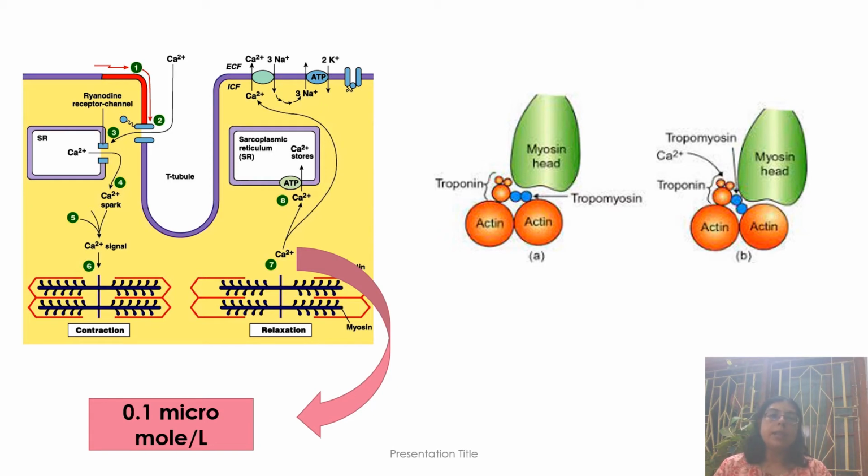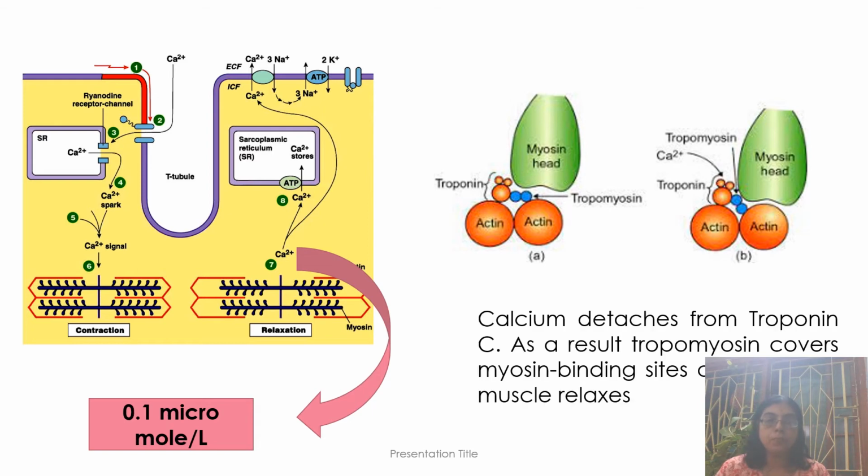Second point is how actually this calcium concentration is lowered in the sarcoplasm. This is the area where another ATP is required. Now, how is the calcium reduced below this specific critical value?